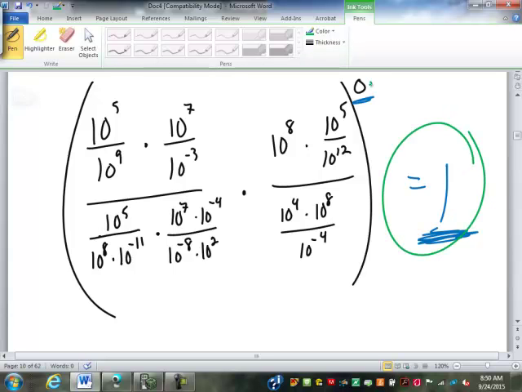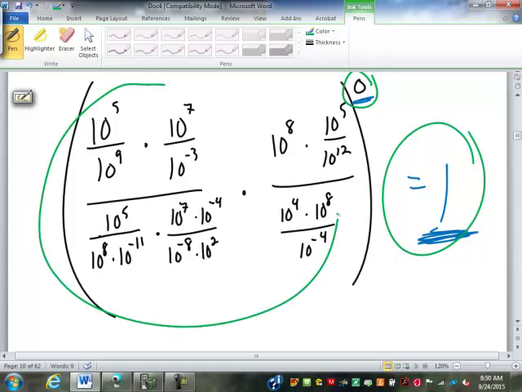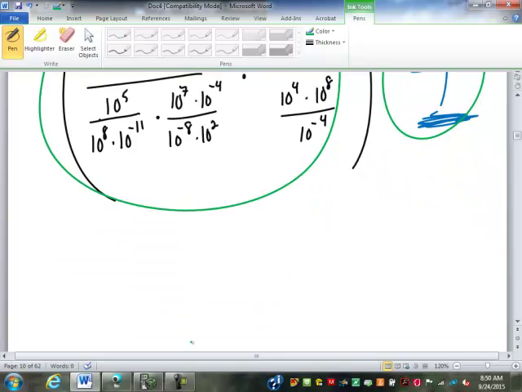Since the whole thing's to the power of 0, you could do all this calculation if you want to. Anything to the power of 0 is 1. Always. Well, it's not multiplication. No, it's to the power of 0. Remember, we went over that yesterday? Yeah, but it didn't make sense to me yesterday.